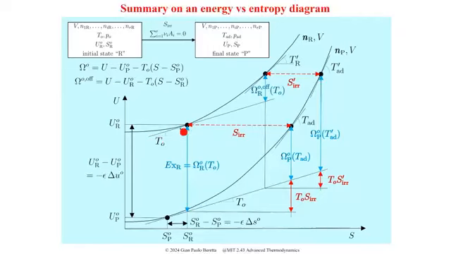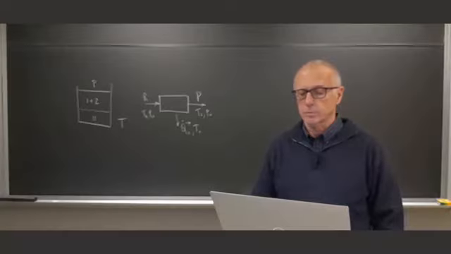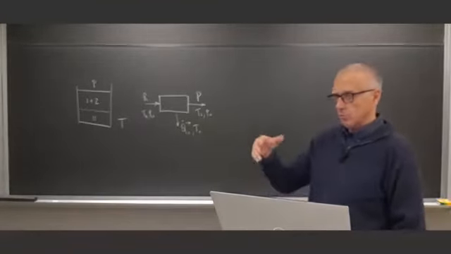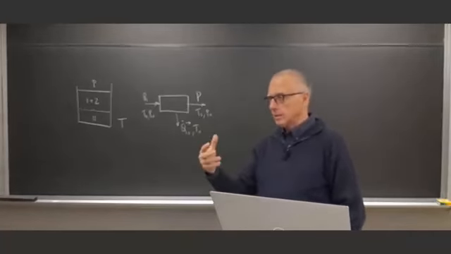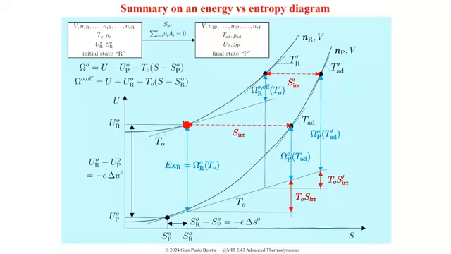T naught is this slope here, which touches the reactants at this point. So these are the reactant mixture. So it would be your fuel, including the air that you're using to oxidize the fuel at 25 C, 1 atmosphere. It's in this state here. And these are the products of reaction after you cool them down at standard conditions.